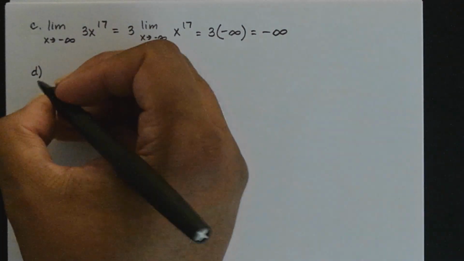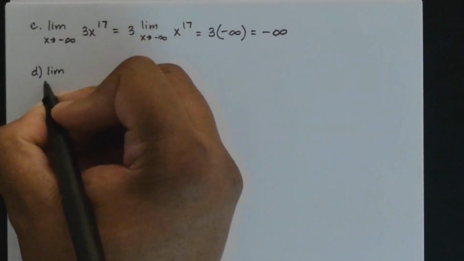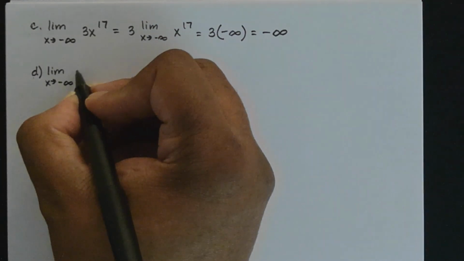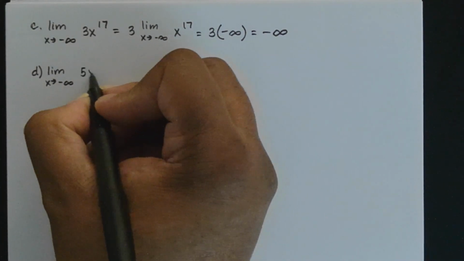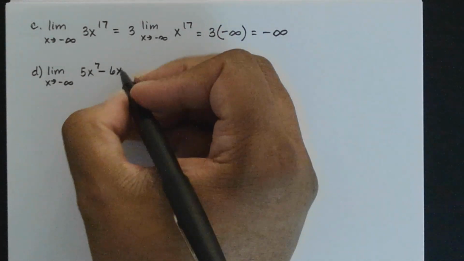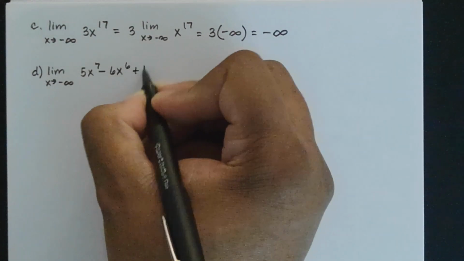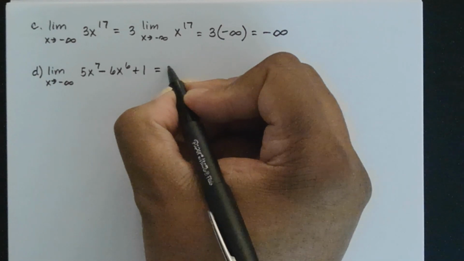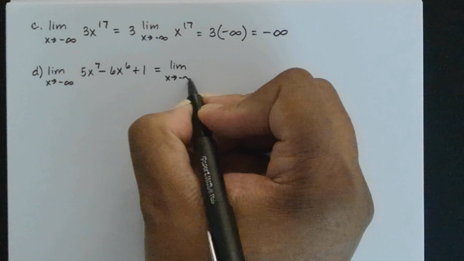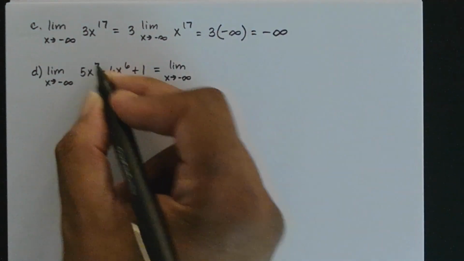Now, part D is just a limit as x approaches negative infinity again. This time we have a polynomial function, 5x to the 7th minus 6x to the 6th plus 1. Now, when you have a polynomial function like this, let's just take the limit as x approaches negative infinity of the leading term.